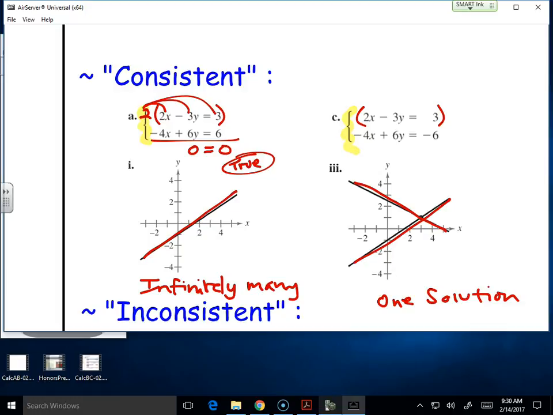I don't like just changing the signs for this example. I want it to match. What is this line? This is a line with slope -1, up 2 over 3. 2x minus 3y equals 3.